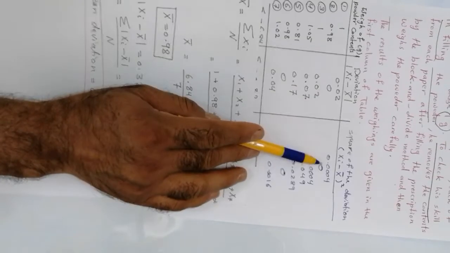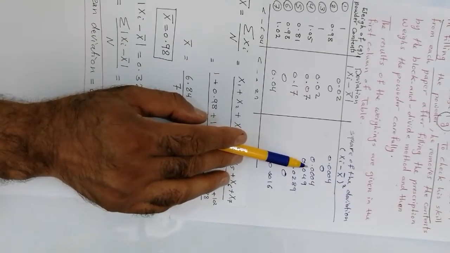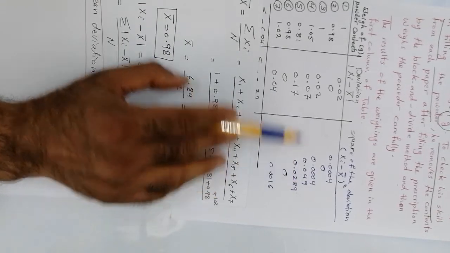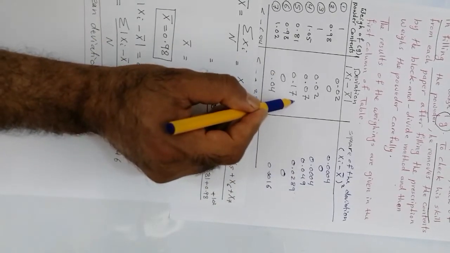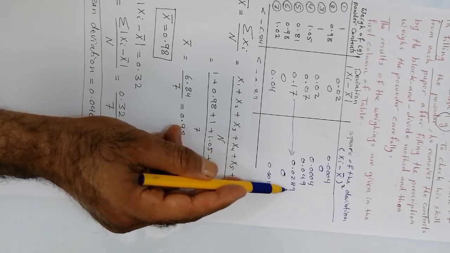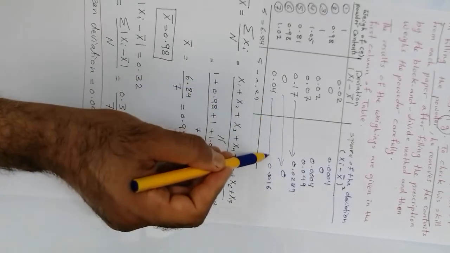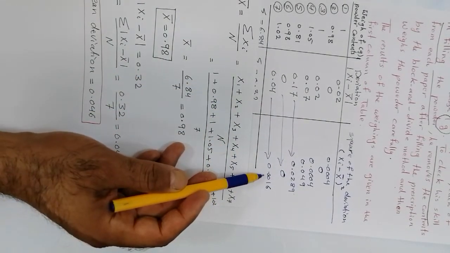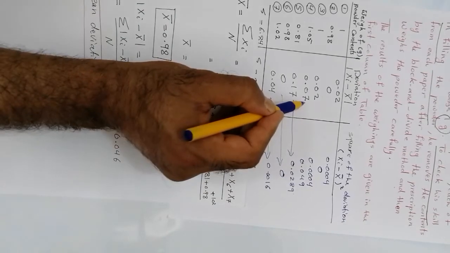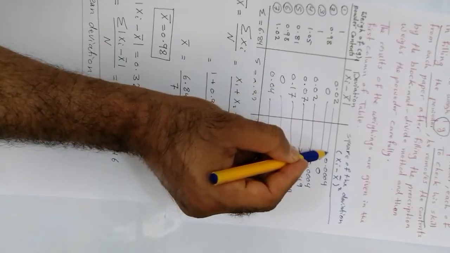Squares: 0.02 gives 0.0004, 0 gives 0, 0.02 gives 0.0004, 0.07 gives 0.0049, 0.17 gives 0.0289, 0 gives 0, and 0.04 gives 0.0016.